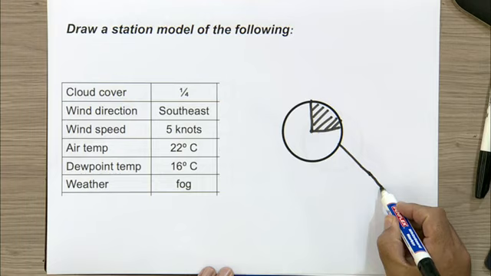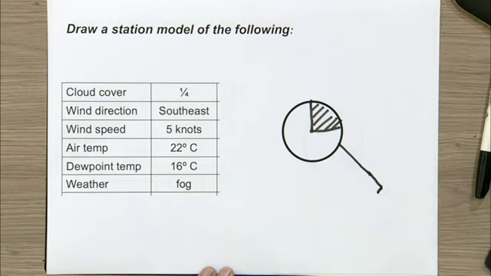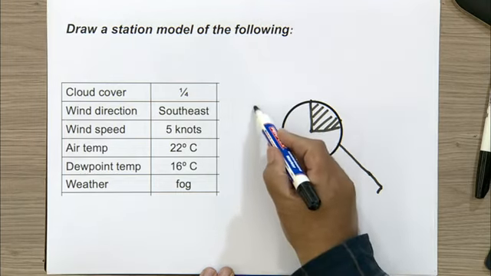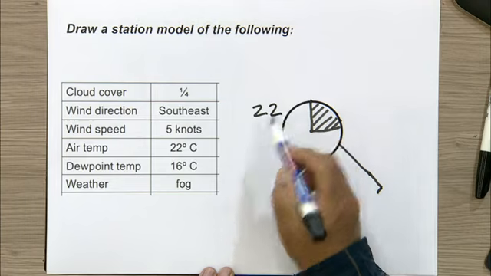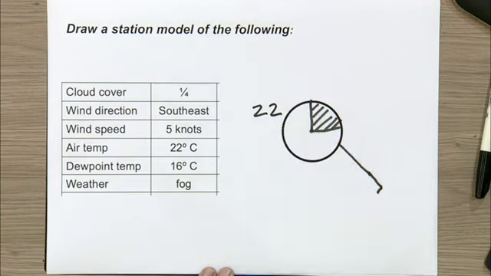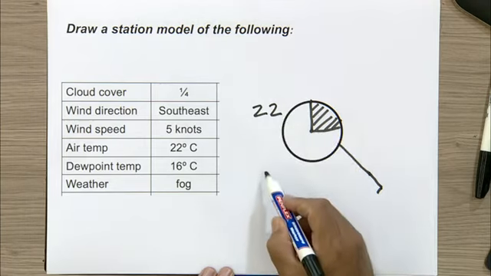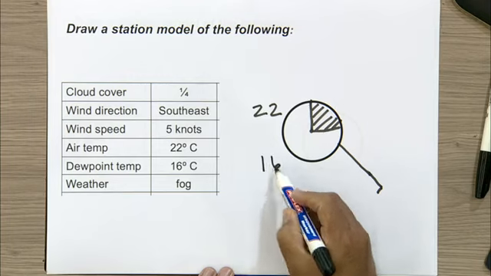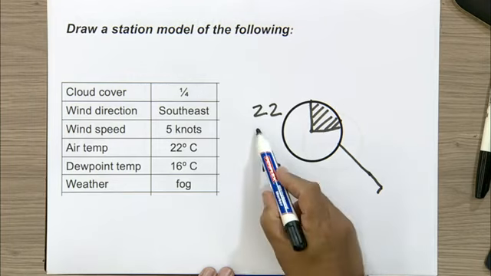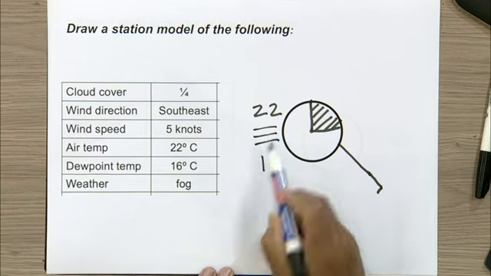The wind speed has to be 5 knots. So that would be 5 knots. The air temperature has to be 22 degrees Celsius. Remember, we only write the number. We don't write the degrees Celsius here. The dew point temperature is 16 degrees Celsius. And then the weather is fog.